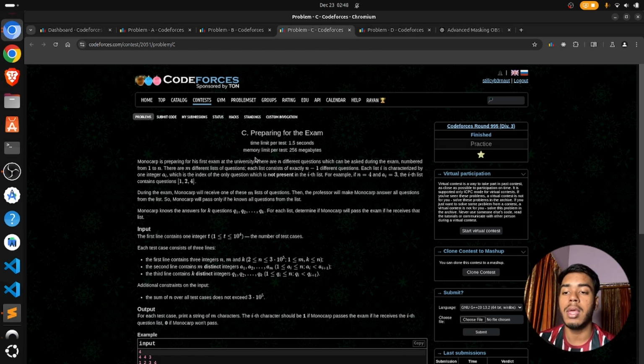So for example, if n equals 4, there will be 4 questions, 1 2 3 4, and if a_i equals 3, the question number 3 is not present in the list that contains n minus 1 questions. So basically the list will look something like 1 2 4.